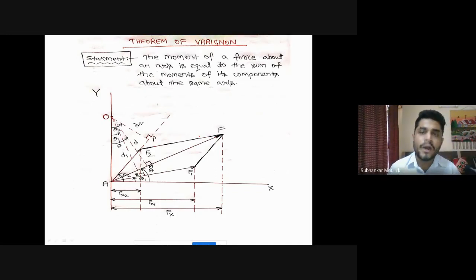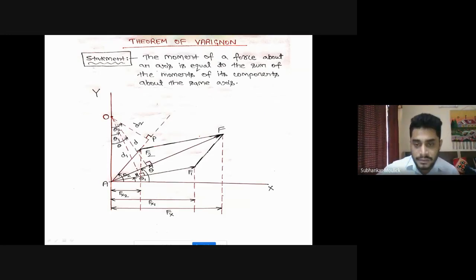If we can prove that this statement is true for the x component of forces, the same theorem will be true for the y component of forces. So let us solve for one component, and if the statement is true, then for the other component also it will be true.